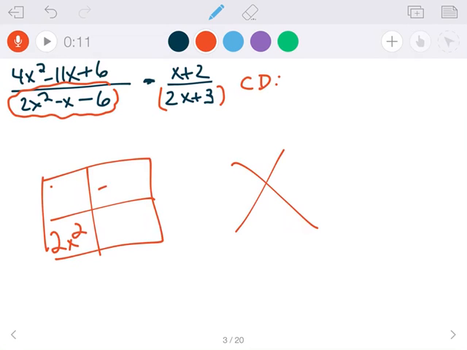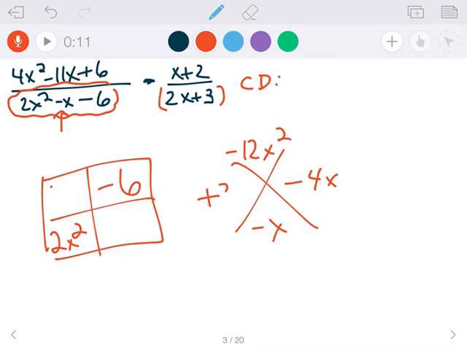X squared minus 6. Those get multiplied together to make negative 12x squared, and then this middle term here goes on the bottom. Then we're thinking about what do we multiply to get negative 12, and what do we add to get negative x. Since it's negative, it's going to be plus and minus.